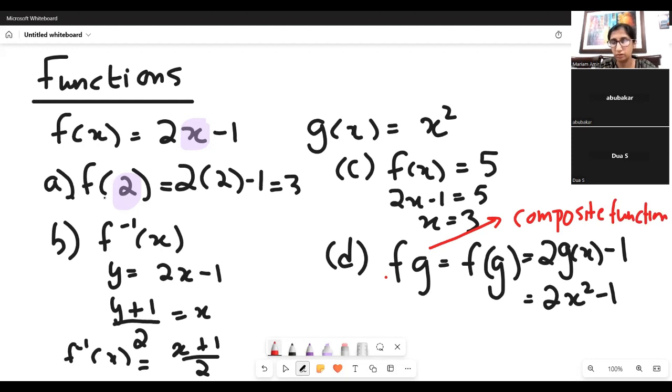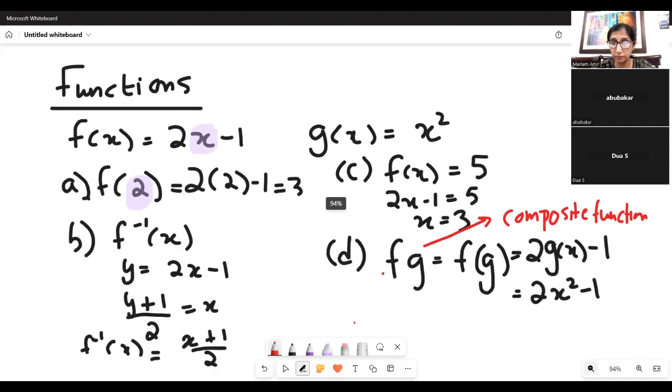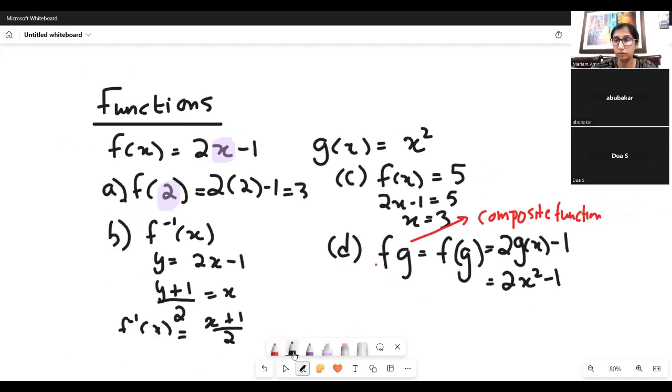Any questions? No. Please make proper notes. I can't stress that enough. Next is gf. That means you have to input f in g.